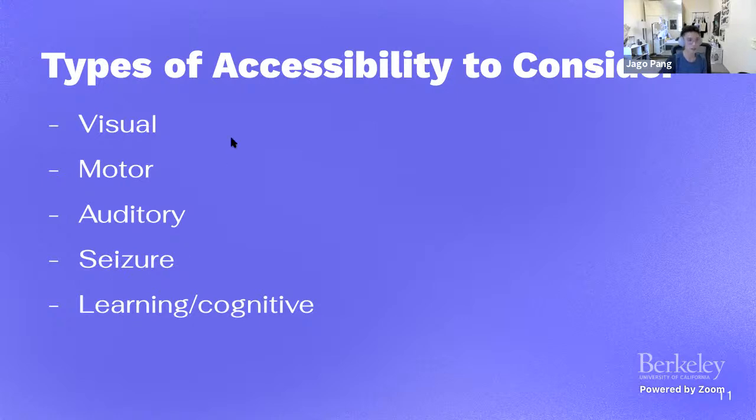In terms of brand, there's often more focus on visual, just because a lot of the assets, like ads or logos, are inherently visual. That will be the focus of most of these practices. However, you still have to consider motor, for example if your asset is something physical, like a cup, or a physical event.